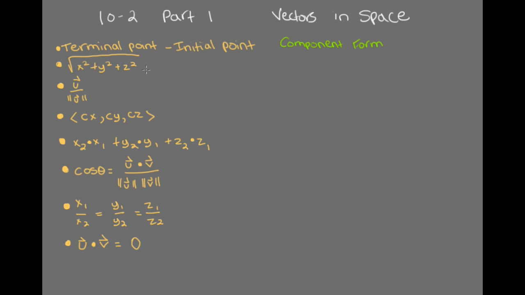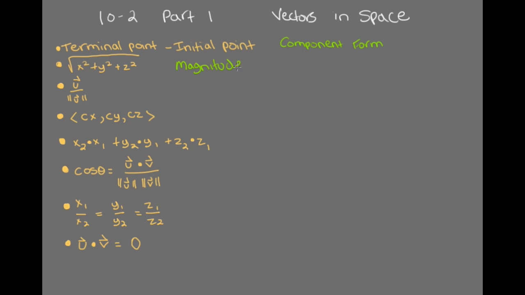Now we have the square root of x squared plus y squared plus z squared, which is pretty much the same thing as the distance formula, except what we're doing is finding the distance of a vector in component form, which is also known as the magnitude.